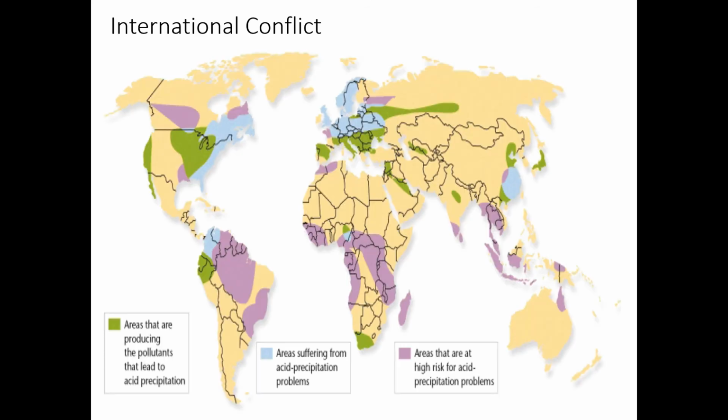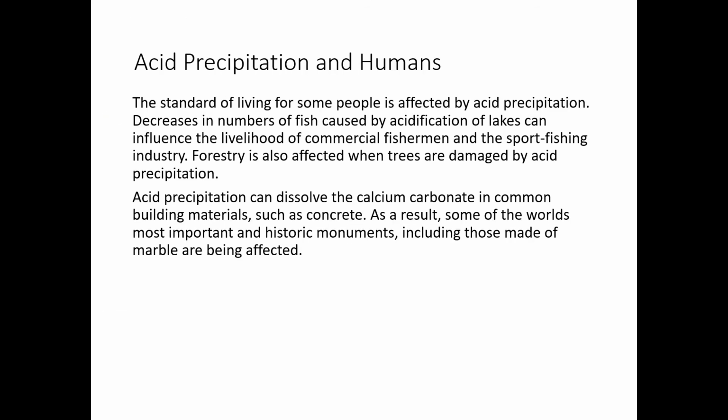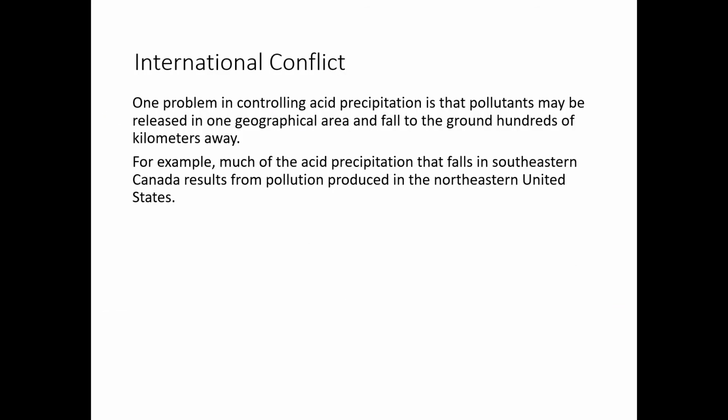One thing that makes it difficult to control acid precipitation is that we have our countries and our land that we divide up and say this is one country and that's another country, but nature doesn't really follow those rules. Acid precipitation that's falling in Canada will oftentimes be produced in the northeastern United States.